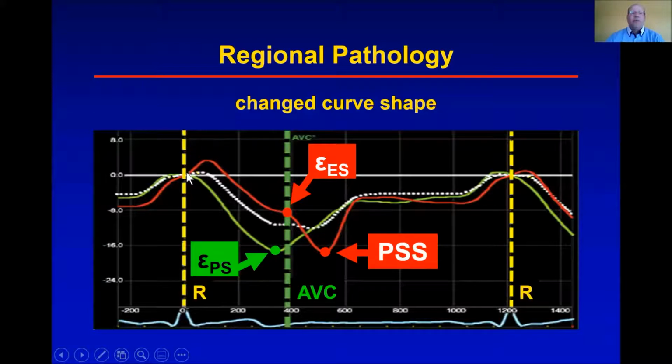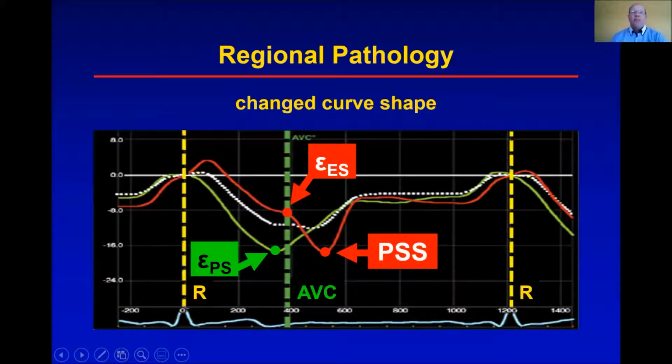We have a little bit of stretching even in the beginning of systole, and then we have reduced systolic shortening, so that the end systolic strain is much lower in relative or in absolute terms, because we are talking about negative numbers. And then we have a post-systolic shortening that happens after aortic valve closure.